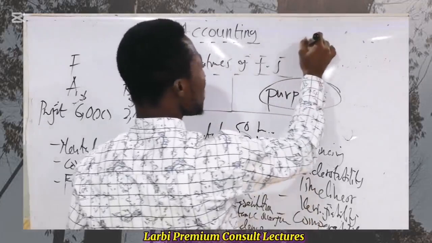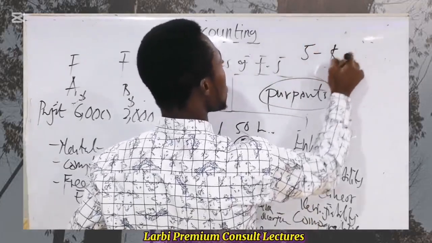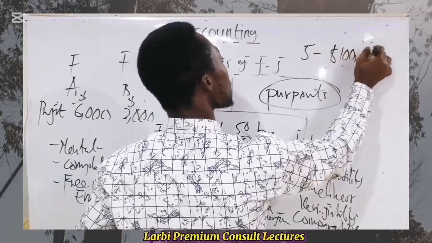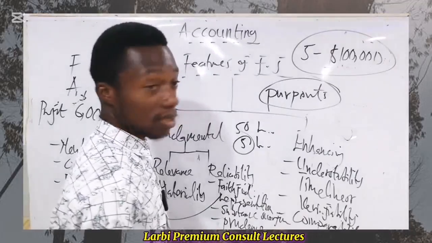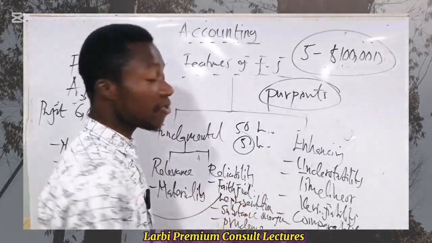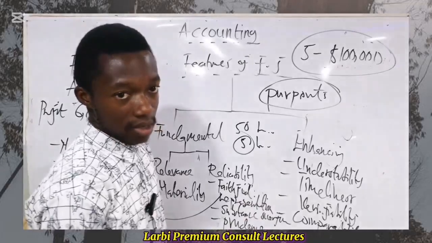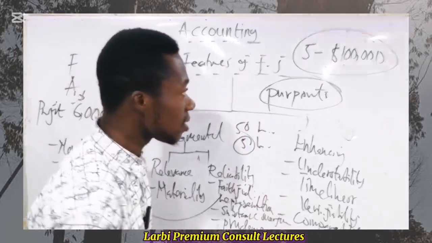So let's say that the cost of these 5 buses was $100,000. This is the cost of these 5 buses that you hire. So I think the right word is hire. You hire from your friend in this same business, to add it up to your 50 to make it 55 so that you can run the business.